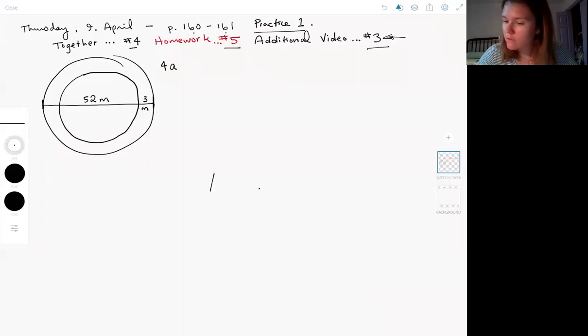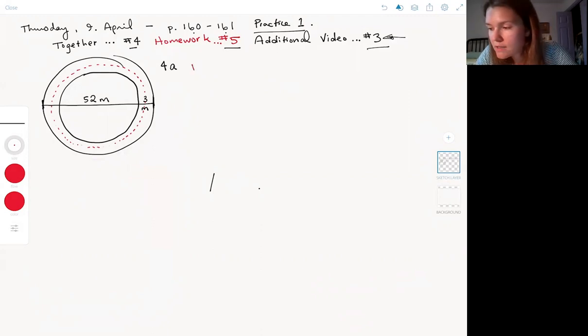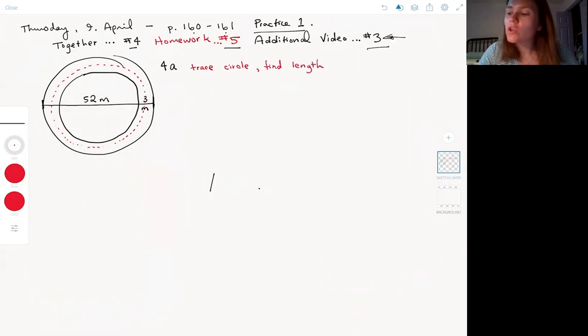So if I walked, just like I drew that red circle on my walkway, what is that called when you trace a circle and find the length of it? We're looking for a word.